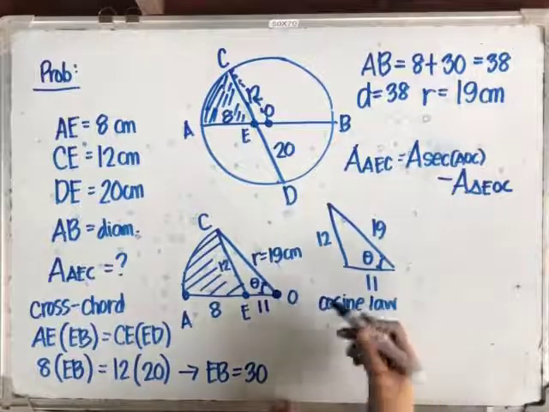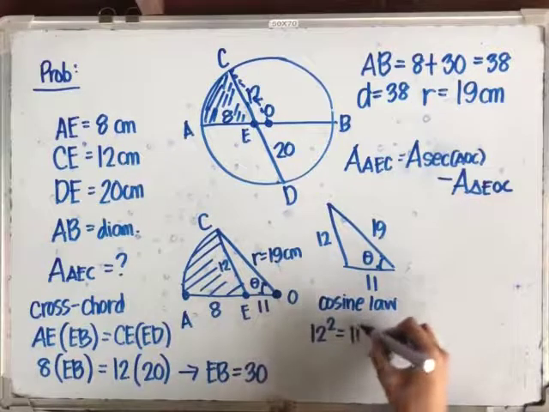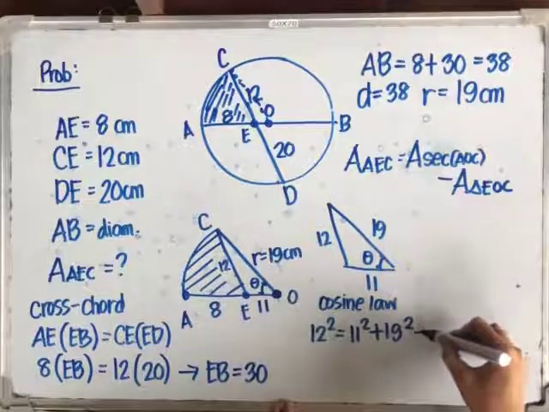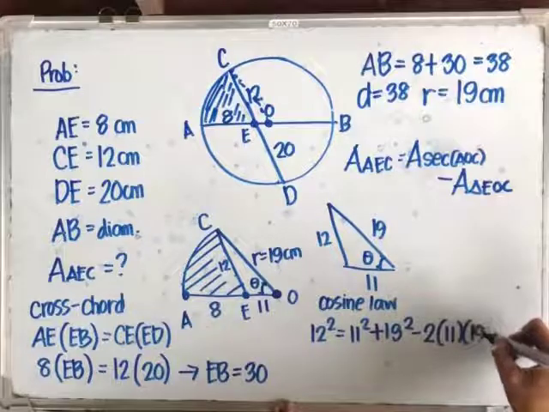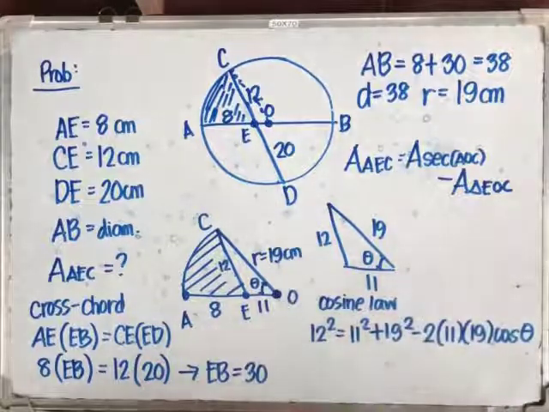Anong meron dito? 12 squared is equal to 11 squared plus 19 squared minus 2 times 11 times 19 cosine of the unknown angle theta.